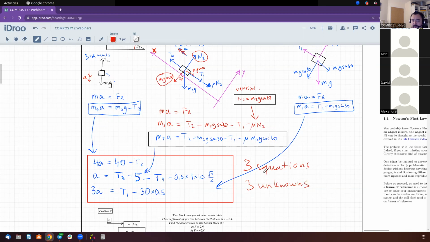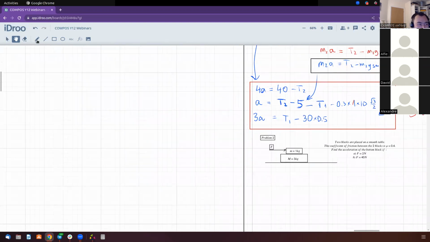So all you need is just solve it, just like any simultaneous equations. There are different ways how you can do it. You can do it on a calculator. It's just simultaneous equations.